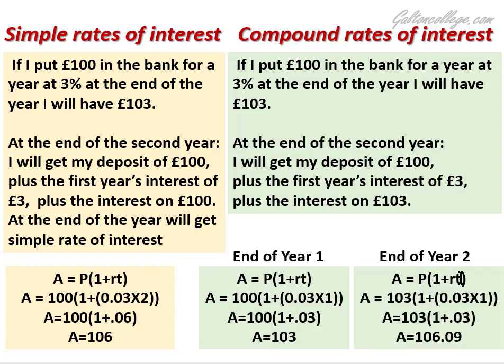However, at the end of the second year we get our principal back, plus we get the £3 which we get on the first year, this one here, but now we get interest on that as well, which gives us, in this case, 0.09. It's not a lot, but it's different. The figures are different. This one's 106, this one's 106.09. It's compounding.